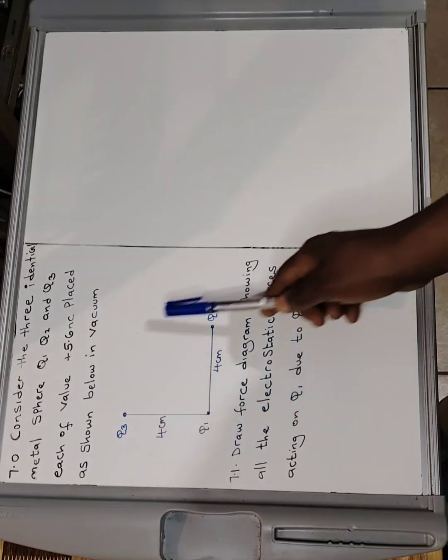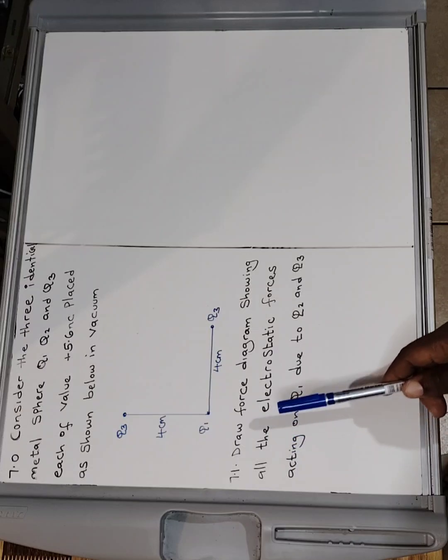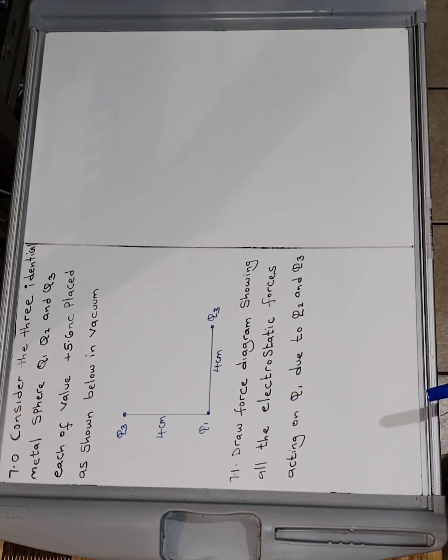Now we say draw a force diagram showing all the electrostatic forces acting on Q1 due to Q2 and Q3.